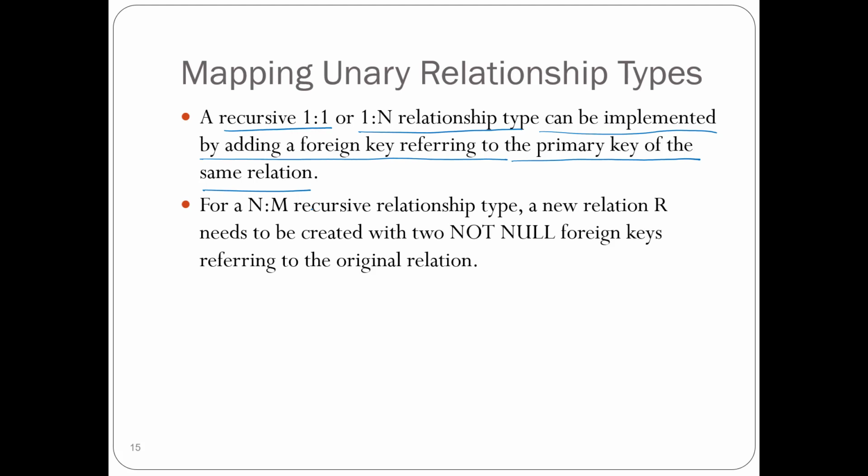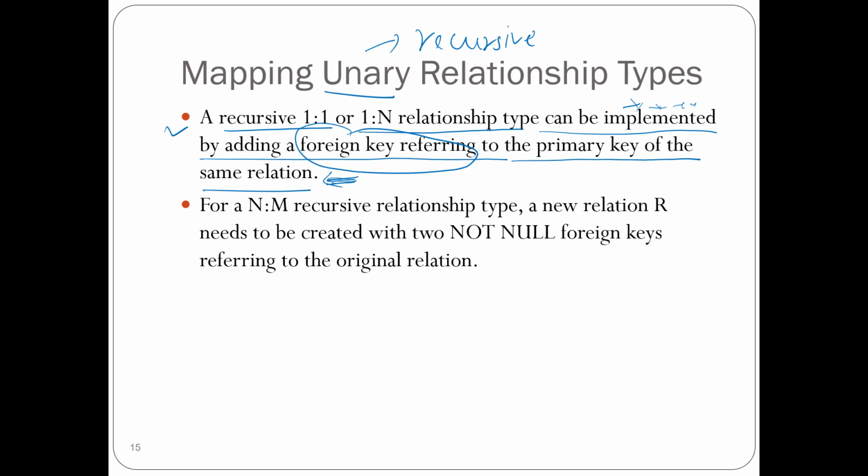Now, for a recursive relationship, which is unary, unary is recursive. Unary means you have only one relation for this relationship. The first bullet is discussing one-to-one and one-to-n. In case of one-to-one and one-to-n relationship types which are recursive, we can implement those similar to the way we have done earlier, by putting the foreign key referring to the primary key in the same relation.